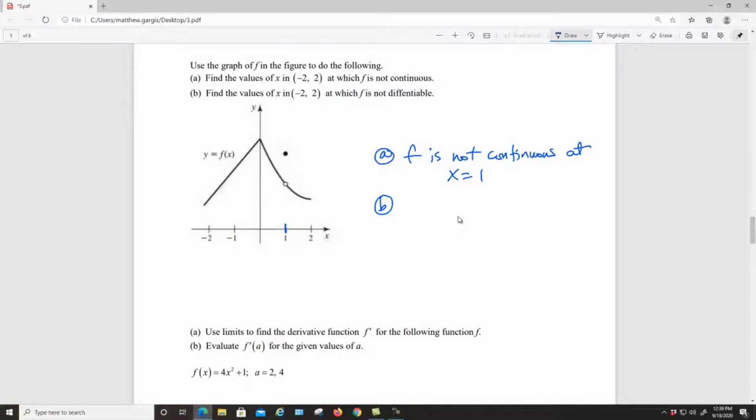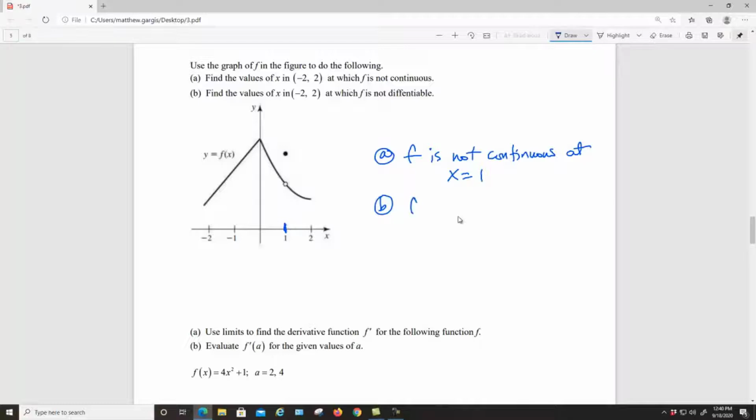And then b, find the values of x in -2, 2, at which f is not differentiable. Okay, well, one thing that we said before was that if a function is not continuous at a point, then it is also not differentiable at the point. So I know since it is not continuous at 1, then it is also not differentiable at 1.